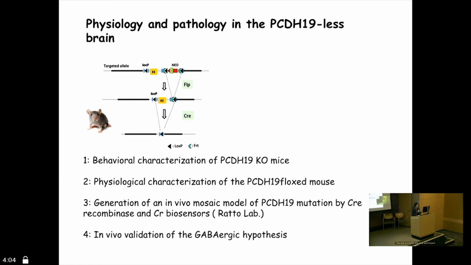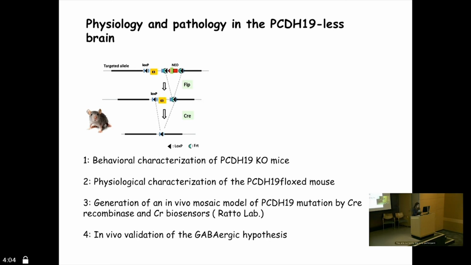And in collaboration with Jim Miratto in Pisa, we also want to generate an in vivo mosaic model to study the mosaicism, and of course validate the GABAergic hypothesis in that model.